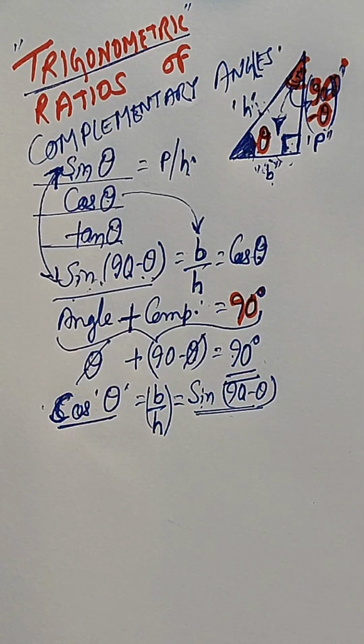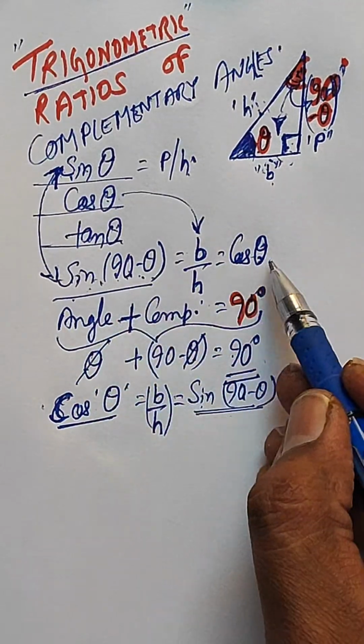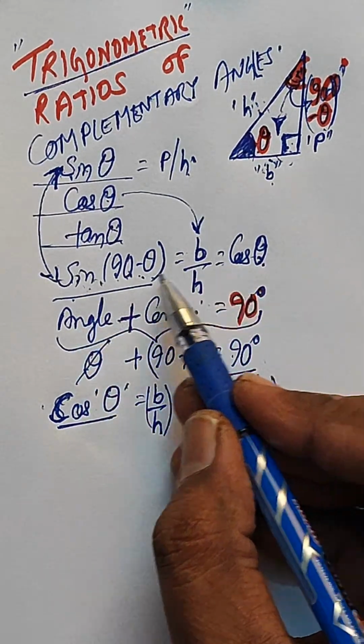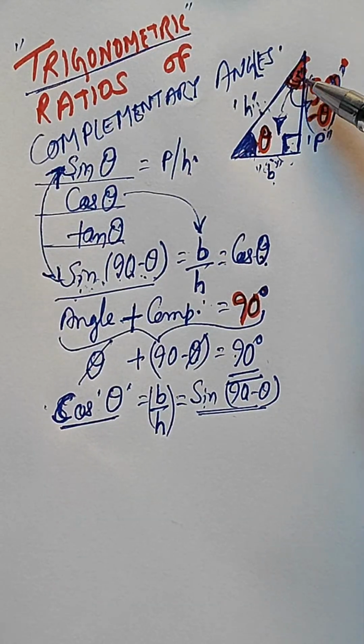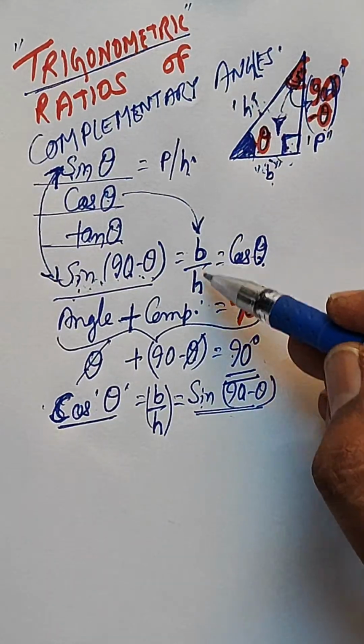Now, as we discussed, sine 90 minus theta is cos theta. How? Because if you take this angle 90 minus theta, the sine of 90 minus theta will be equal to b by h, which is the value of cos theta.